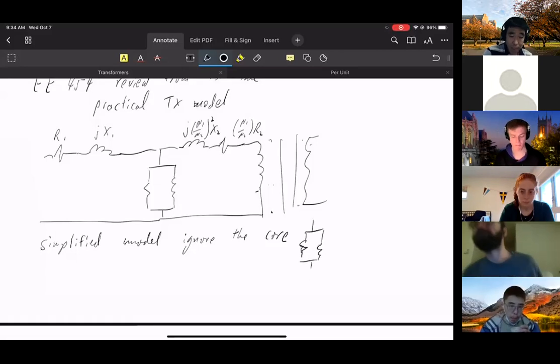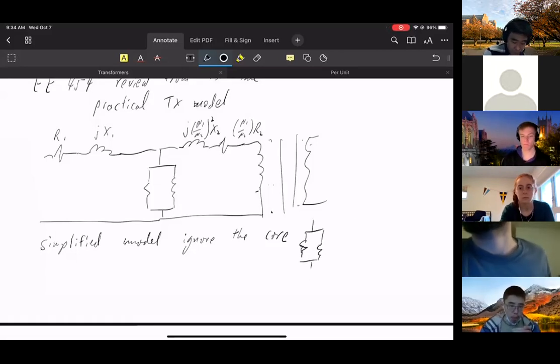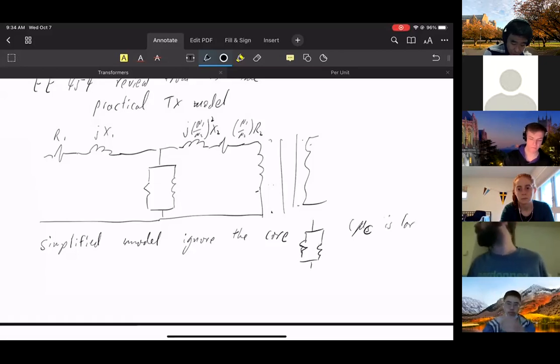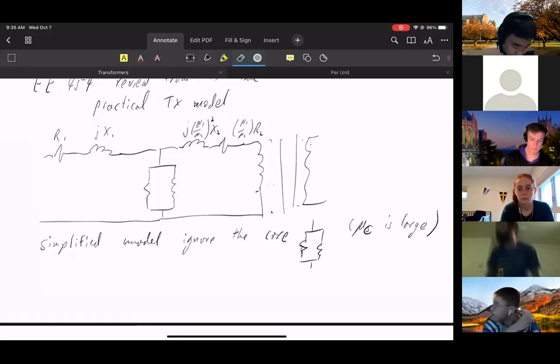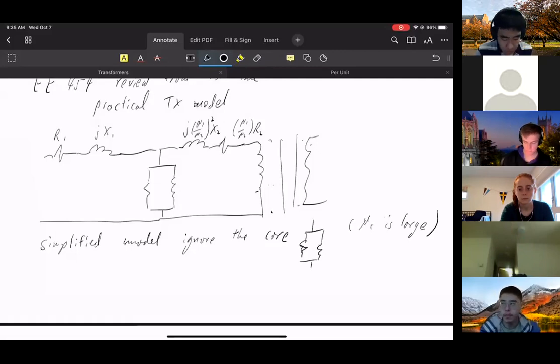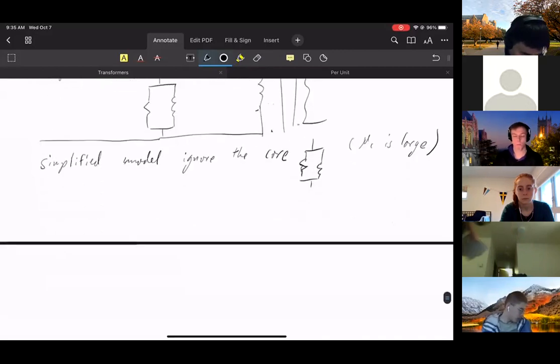The reason we can ignore this is that mu c, the core permeability, is large. It's not infinite, so it's not a perfect conductor, but it is pretty large. So the first simplification we can make is to ignore this.